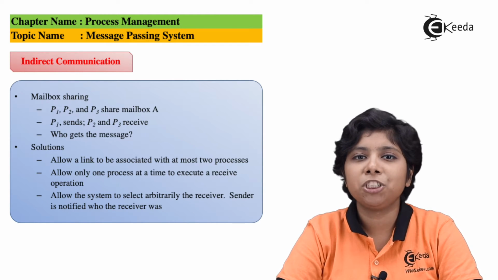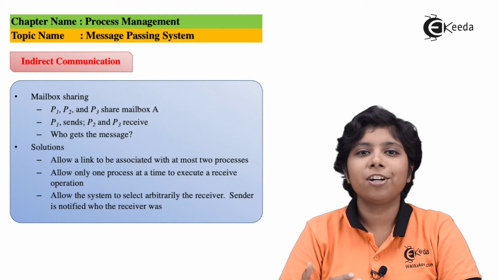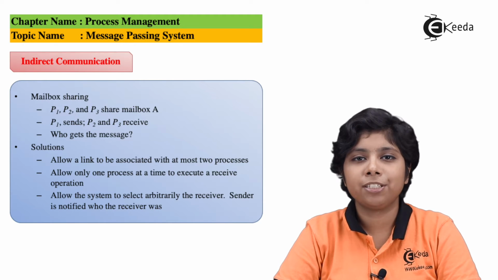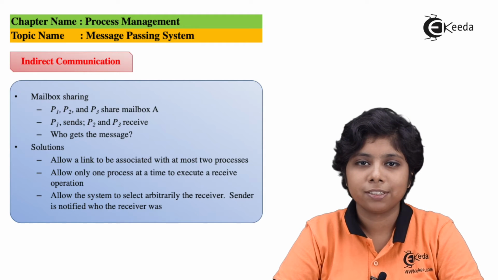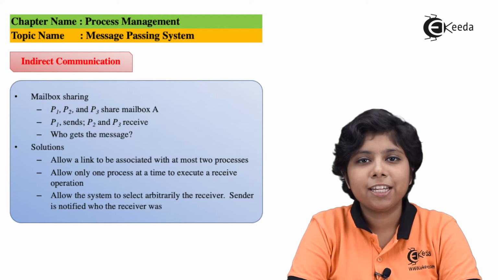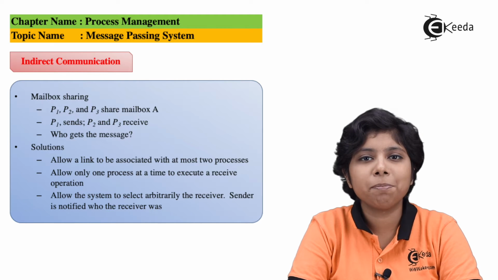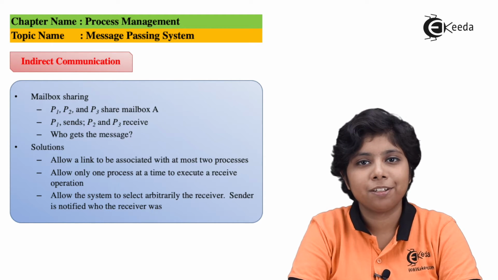This mailbox can be shared between two processes, the user one and the receiver one. The receiver one is actually the owner of the mailbox. When the process terminates, the mailbox is deleted by the operating system, and all the users who used to send messages to the mailbox are notified that the mailbox is deleted.